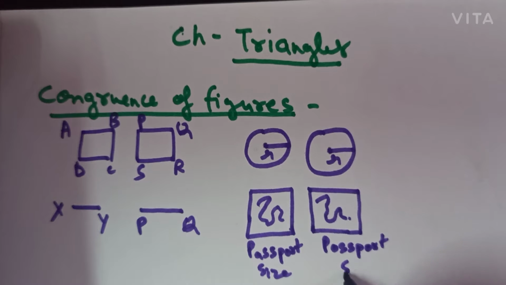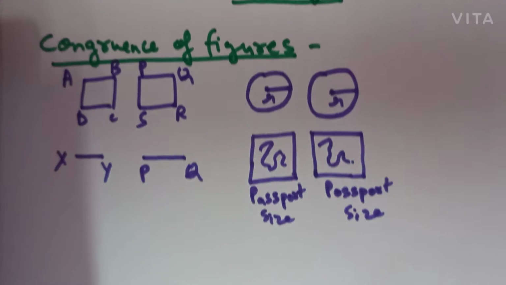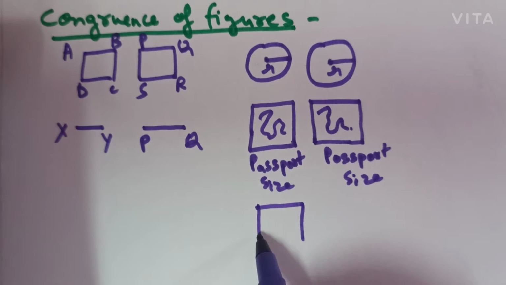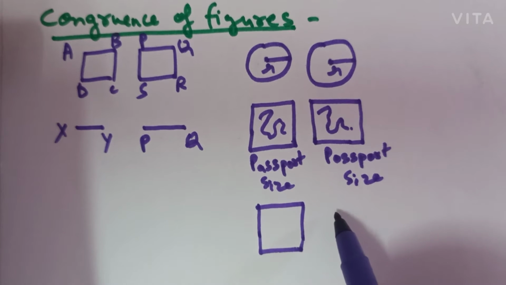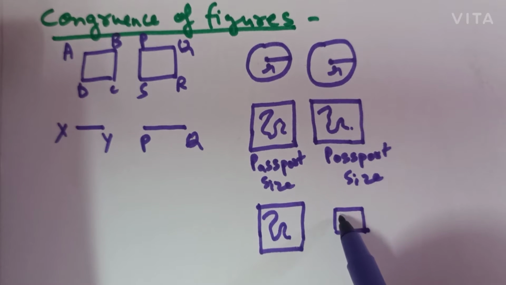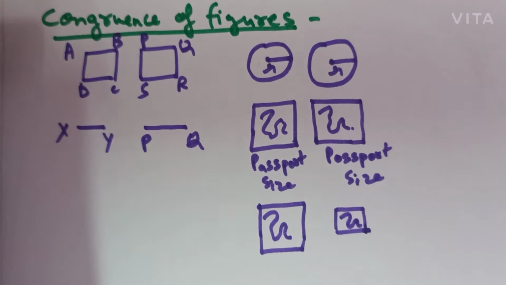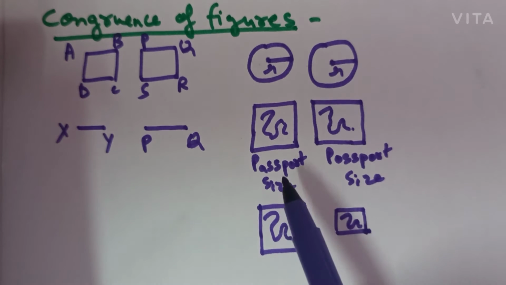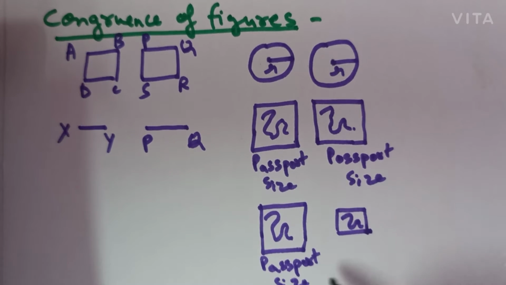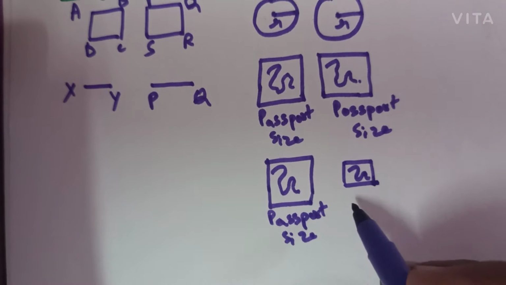The second thing you have done is take this passport size photograph and then a stamp size photograph of the same photo. Here you have taken a passport size photograph and here a stamp size photograph.